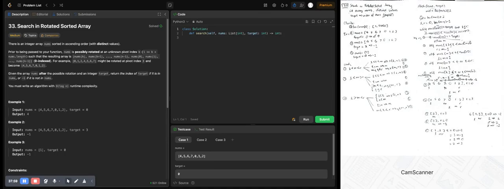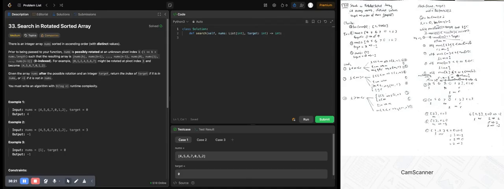Okay, let's look at the second example there. Hold on. Yeah, I think I need to keep the first. Keep, keep. If nums of mid is the target, then just return.